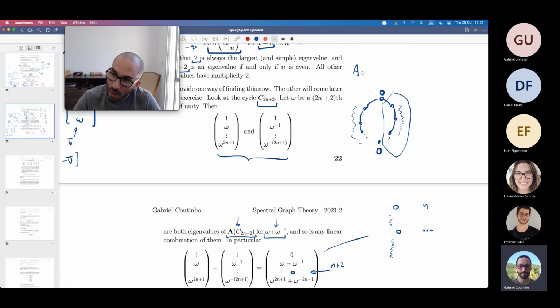When you multiply the adjacency matrix by this big vector and you look at this particular entry, it will be the eigenvalue times the value here equal to this guy plus this guy, but this one is 0. When you look at this entry and you multiply by the eigenvalue, it's going to be this guy plus this guy, and I'm good to go.